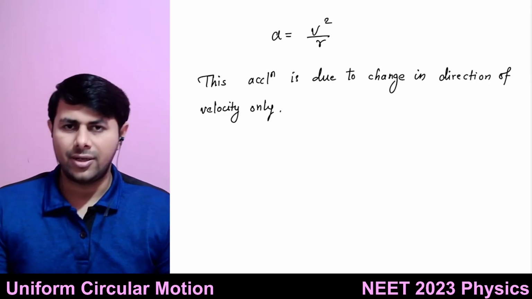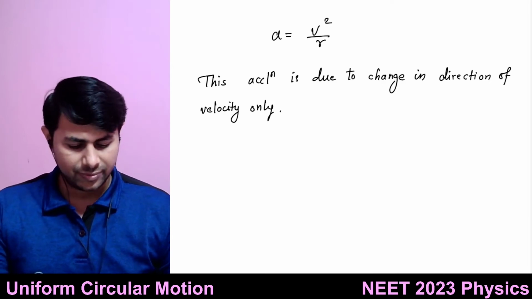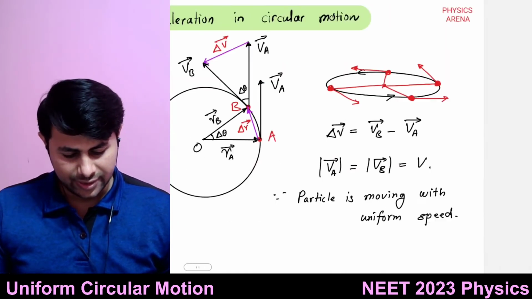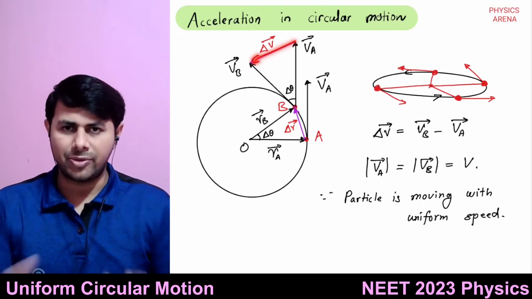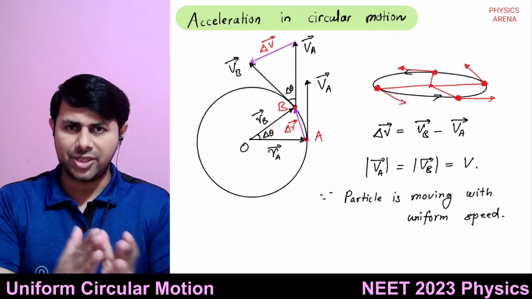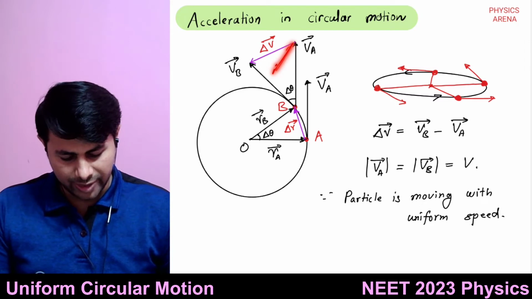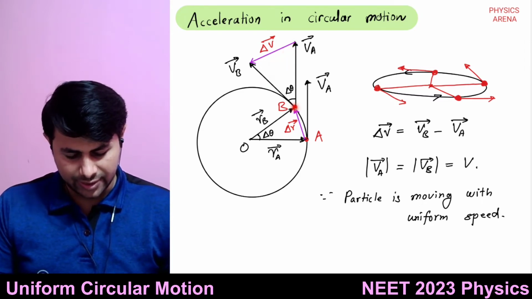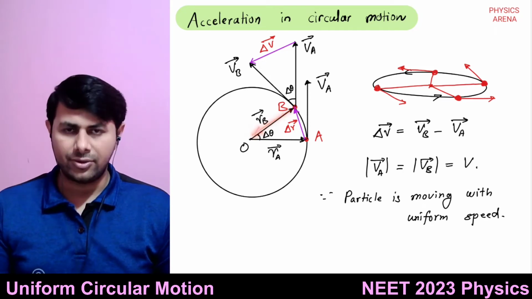Now the direction of this acceleration will be along the radius and towards the center. See, at this point it is directed like this, but we have taken a large angle. If we take a sufficiently small angle, you will see that its direction will come out to be like this, directed along the radius and towards the center.